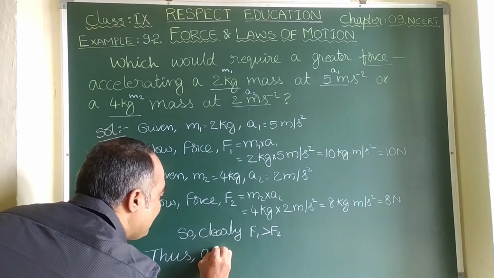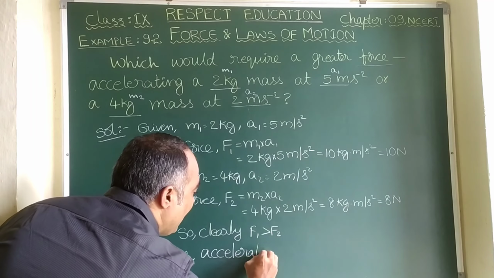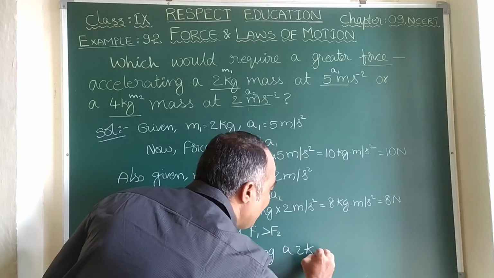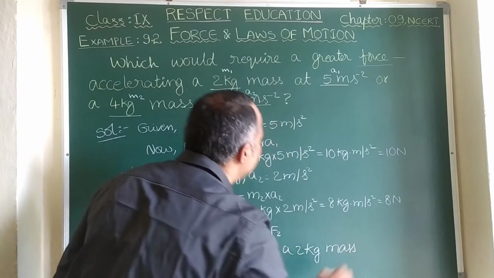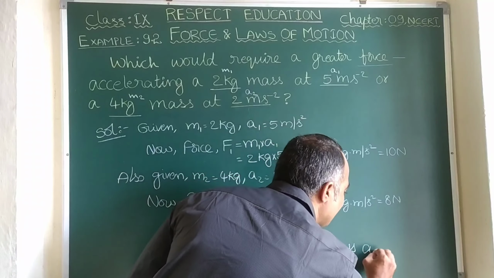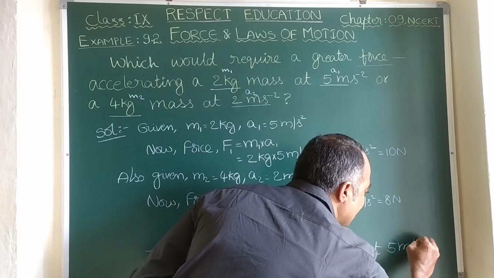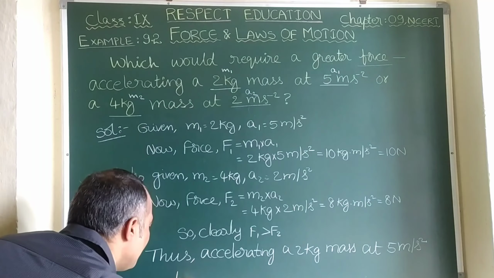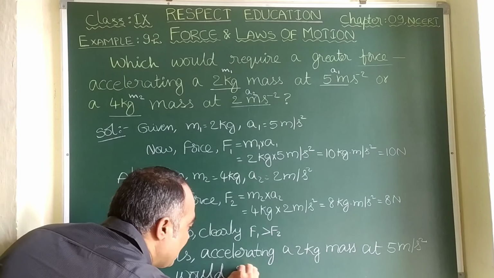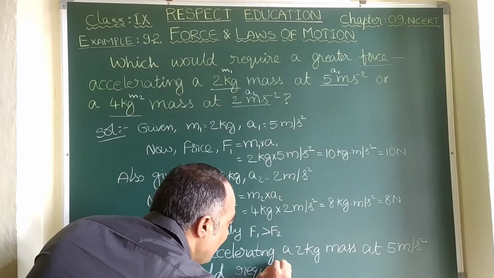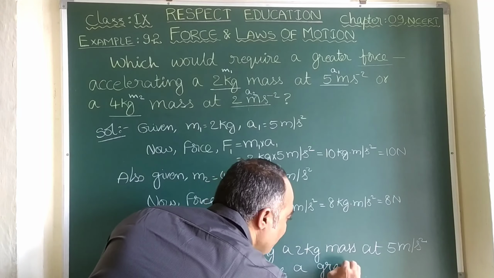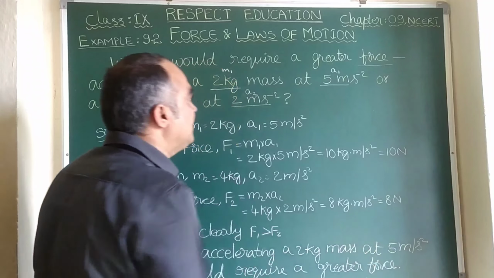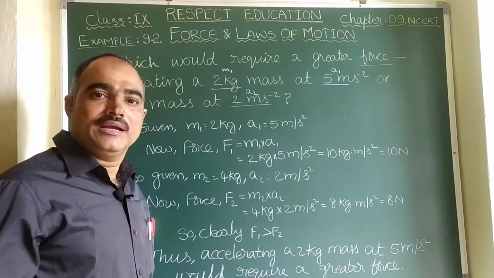So let us write, accelerating a 2 kg mass at 5 meter per second square would require a greater force. So with this, example 9.2 gets completed.